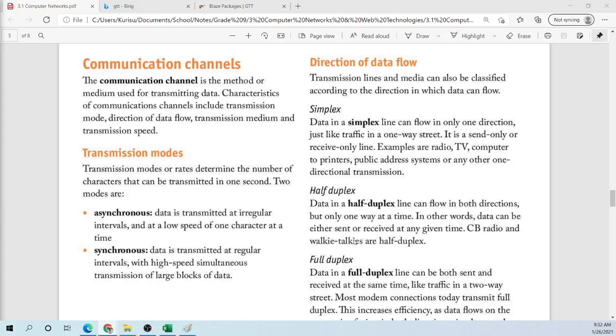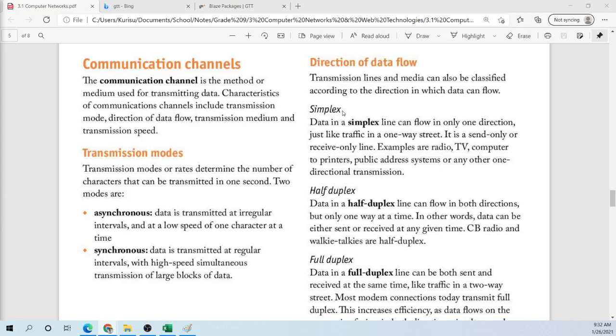But that doesn't mean that it is used everywhere, because in different scenarios you might want a different data flow. For example, the simplex is most suitable for a radio station or TV station.